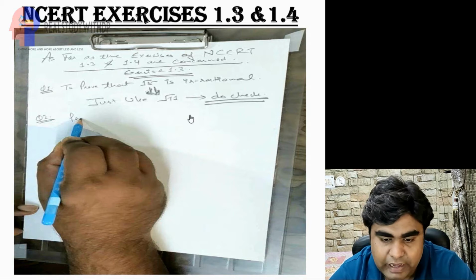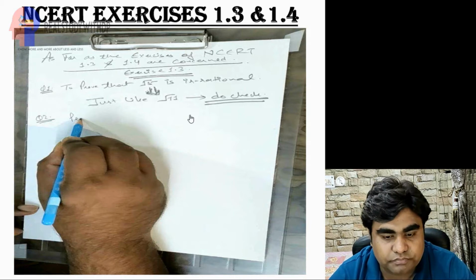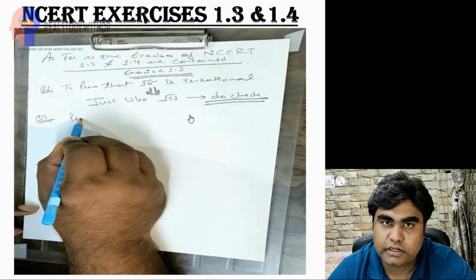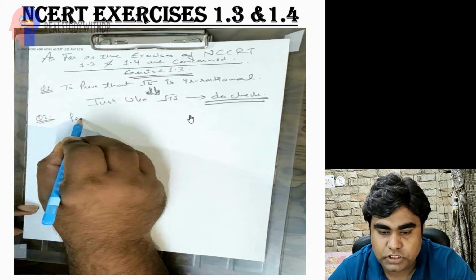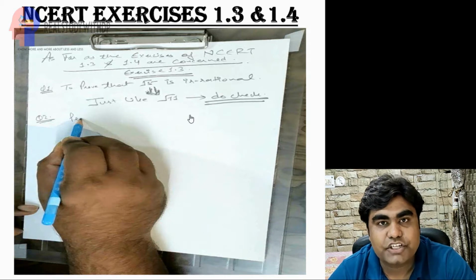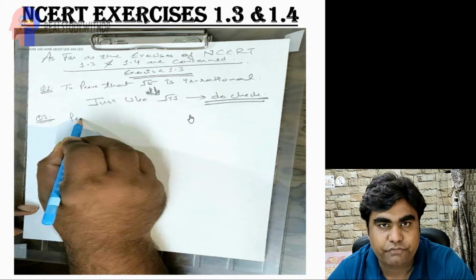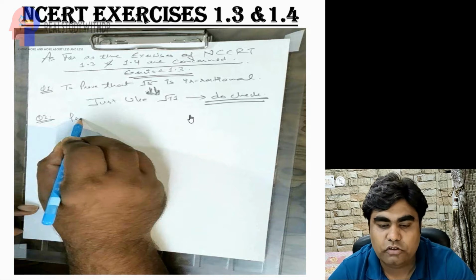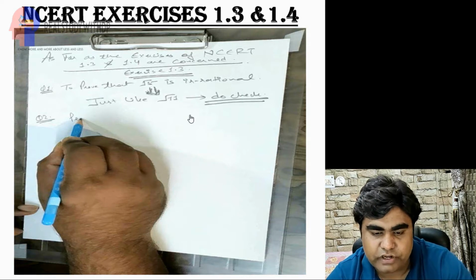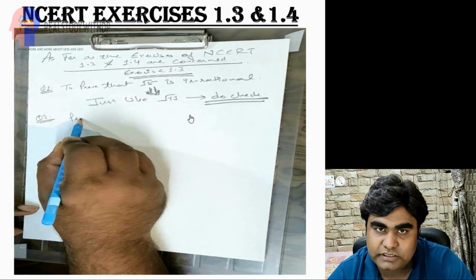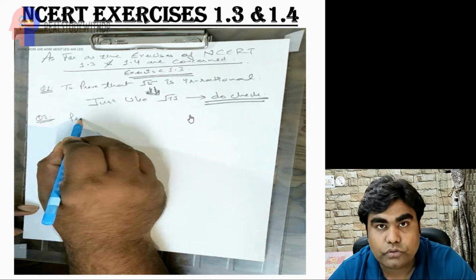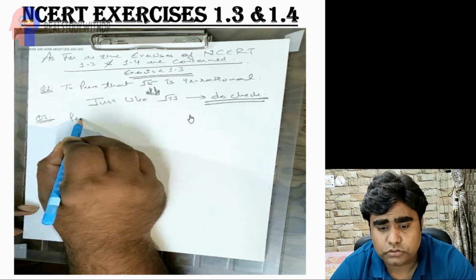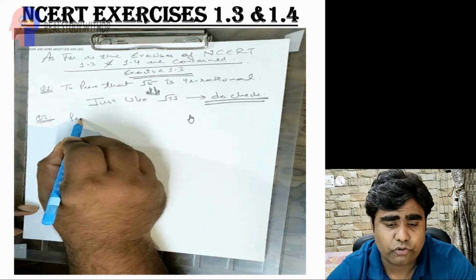We take the number square root of 5 to be a rational number, and we are going to prove it irrational by the method of contradiction only, in which the assumption part is to take the opposite of what we need to prove. Everything has been explained as far as square root of 11 is concerned in the video that I have made earlier. So in the same manner you can prove square root of 5.